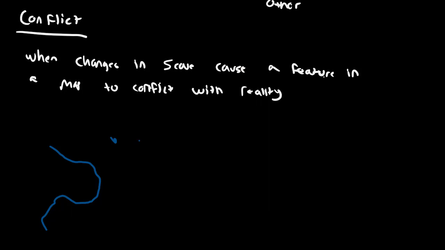So this is a peninsula. And then out here we have ocean, and here we have land. And then we have a point right here, that maybe is a city. So it's a city on a peninsula. And this is, again, large scale.